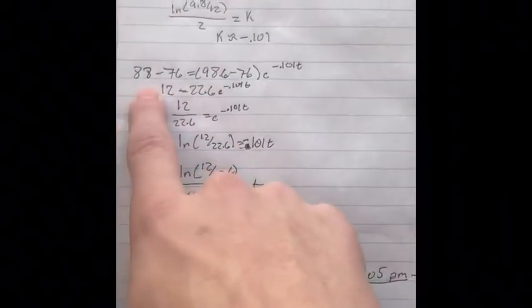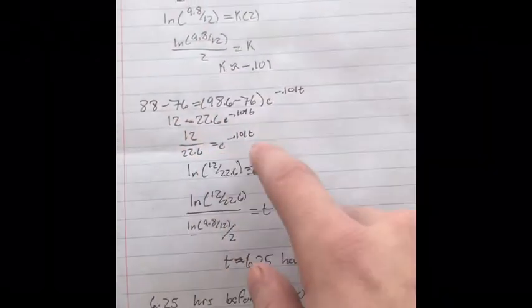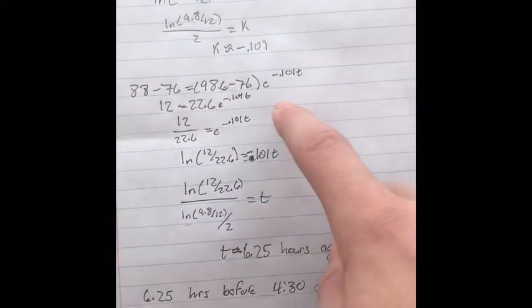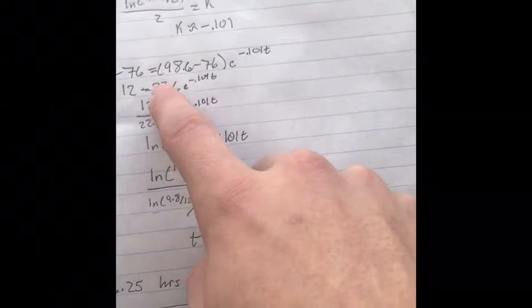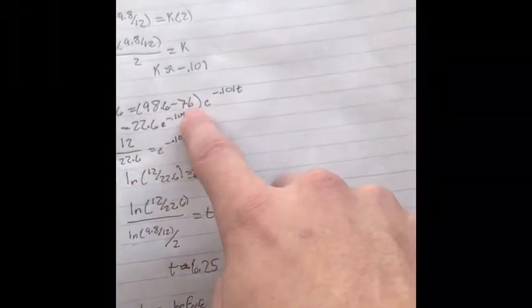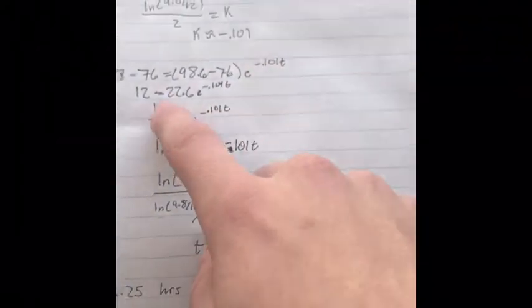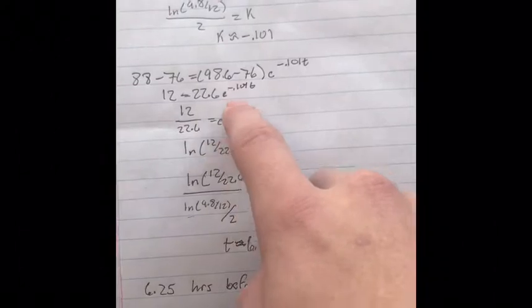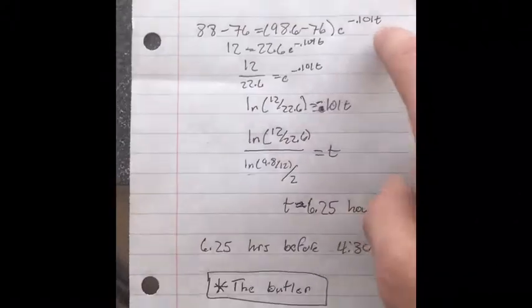And then down here, we do the equation again, but now with our k, so we can find the time that he died at. So we have 88 minus 76 equals 98.6 minus 76 times e to the negative 0.101 t. So we have 12 equals 22.6 e to the negative 0.101 t.